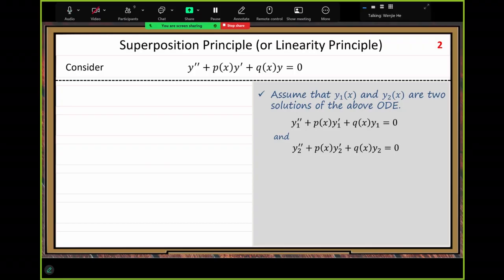Then we combine these two equalities, both true. When we combine, we use the linear combination concept. Let me recall it a little bit. What is the linear combination concept? We talked about the linear combination concept, right?